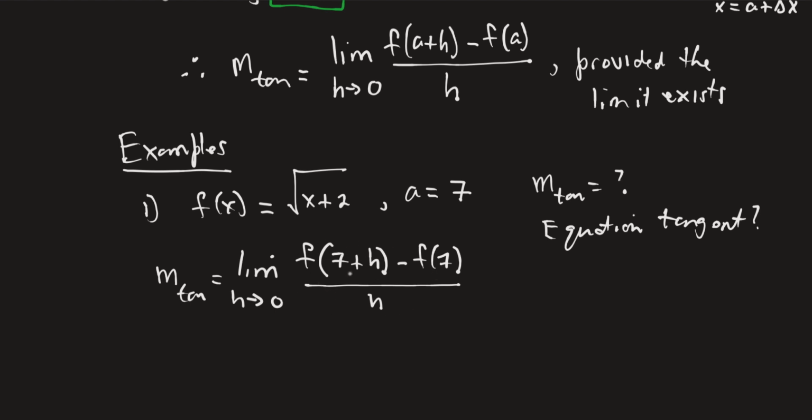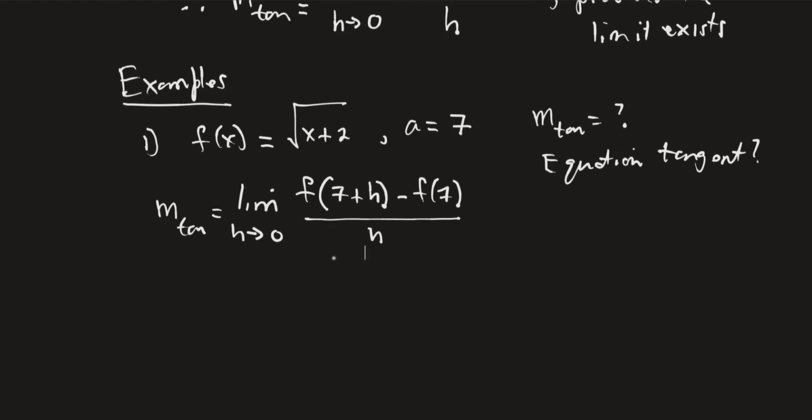Now let's go ahead and evaluate, right? So again, what this means is whatever is inside the parentheses, when I go to evaluate this, I replace our variable x with the expression 7 plus h. So it looks almost cumbersome when we set it up, but trust me, it will work out, right?